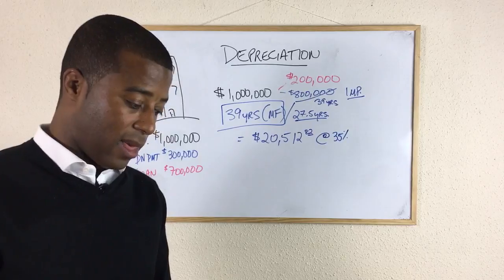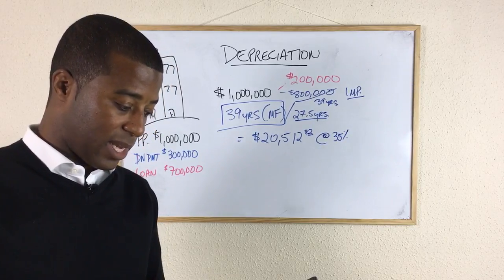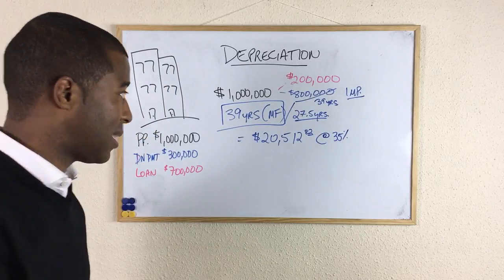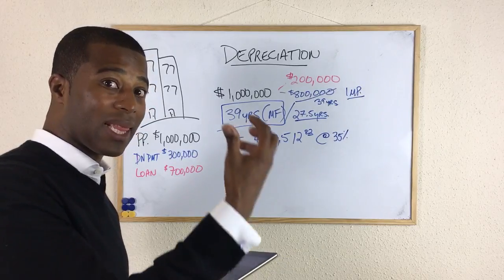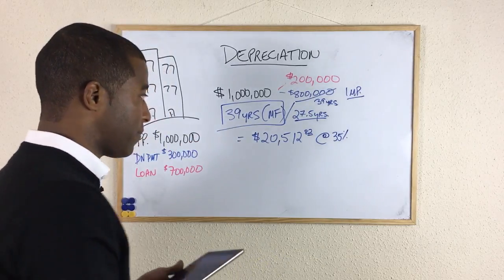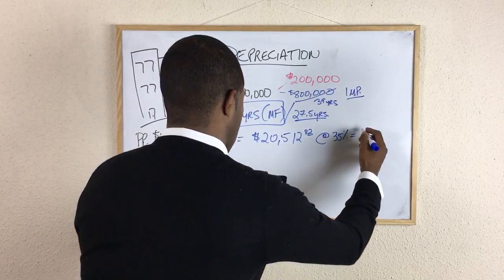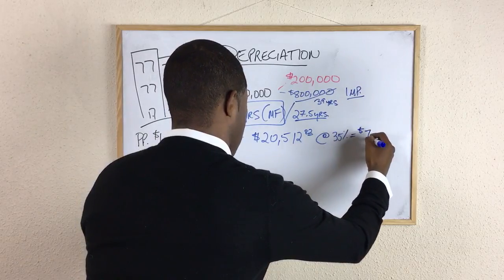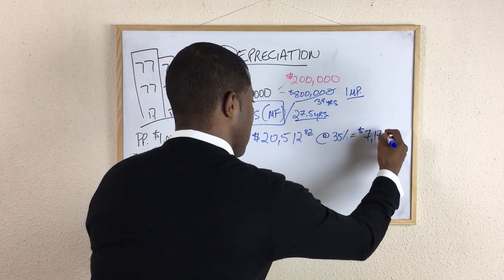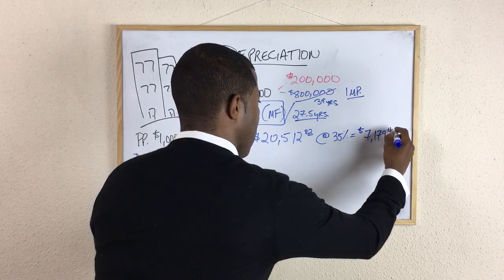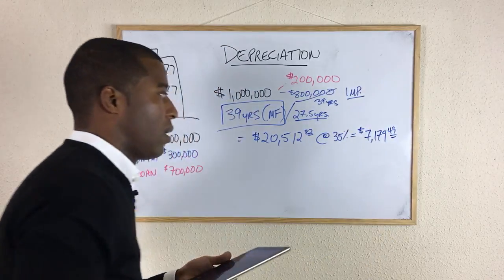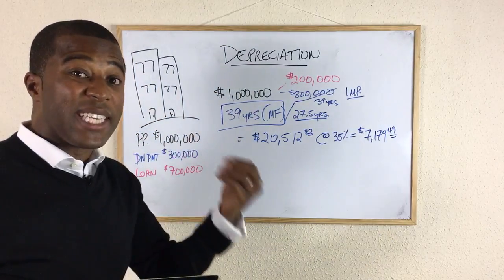If we say that, then at 35%, you are able to claim as a tax benefit $7,179.49 every single year.